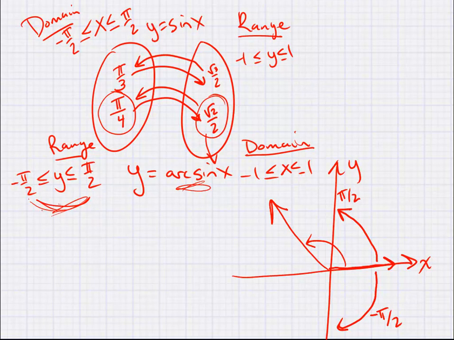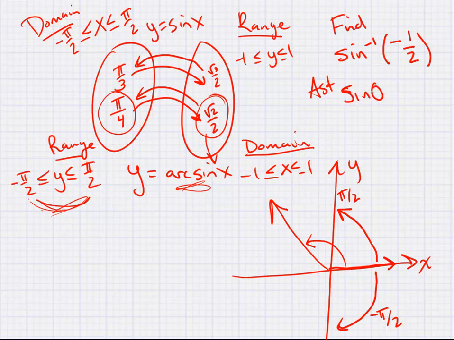Let me give you another one. Find the arc sine, or the inverse sine, of negative 1/2. Okay? So basically what I have to ask myself is: the sine of some angle theta equals negative 1/2. What's that angle?